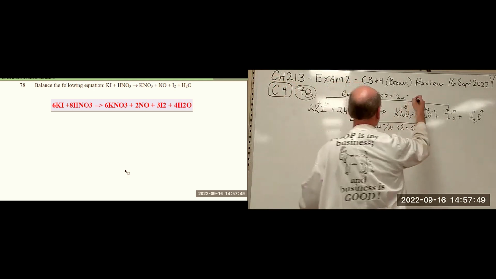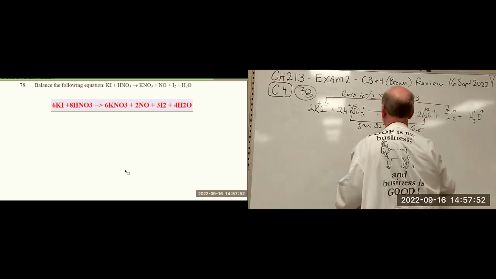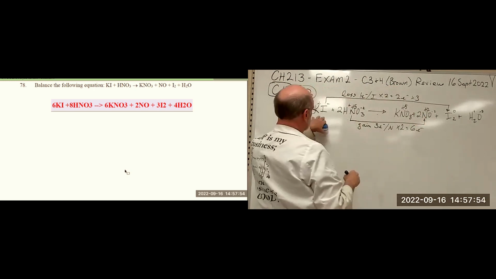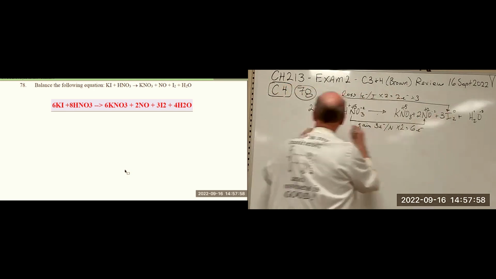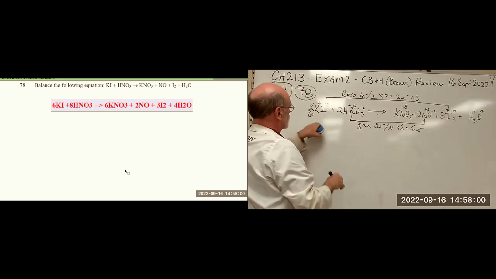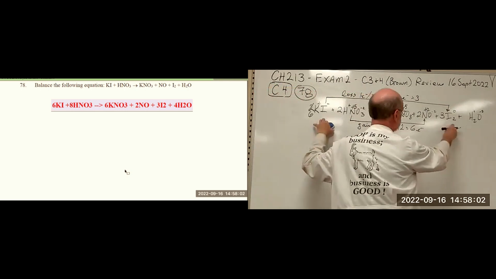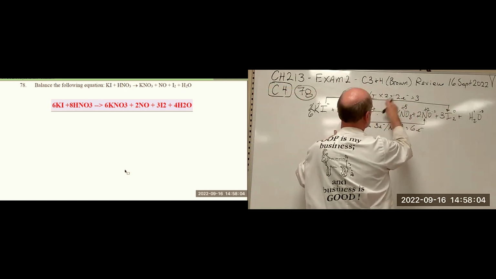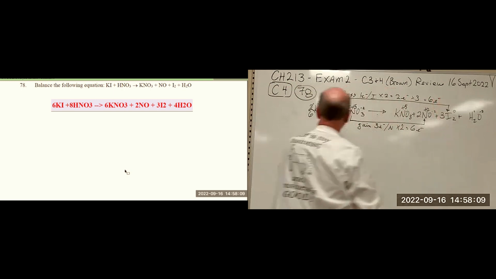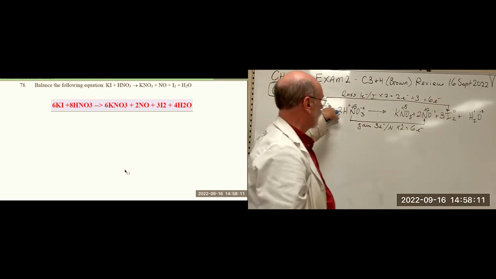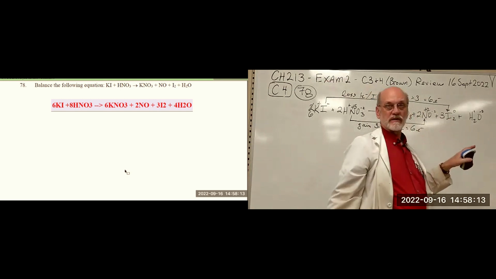Okay. Now we need 6 electrons here, so we've got to multiply by 3. So if we do 3 here and 6 here, that's 6 iodines, 6 iodines. 2 times 3 is 6 times 2 minus equals 6 electrons. And you can check your electrons. We only had 1 electron lost 6 times.